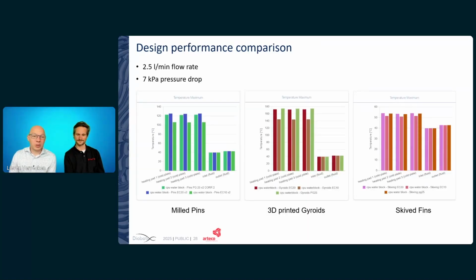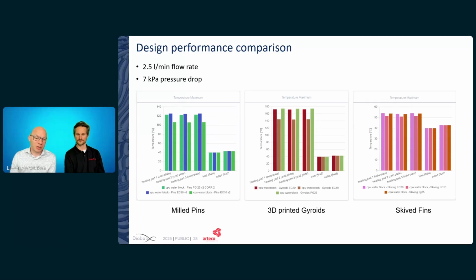But I think what's most important to zoom in on is this design performance comparison. You see here in this graph the predicted temperatures for the milled pins, the 3D printed gyroids, and the skived fins. And every time you see one of the 3 bars significantly lower than the 2 others.